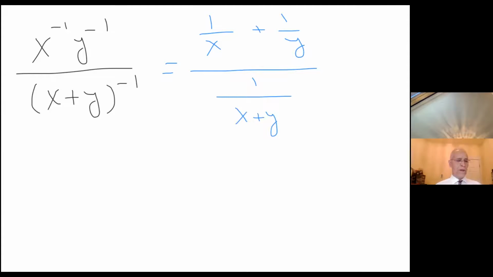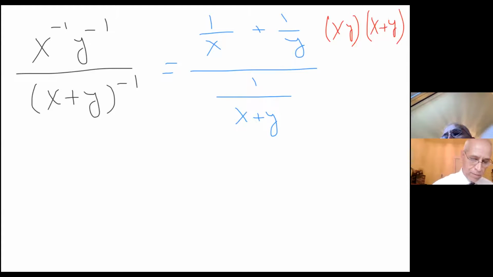And now I'm going to multiply the top and bottom of this expression by the LCD, which is going to be xy times x plus y.